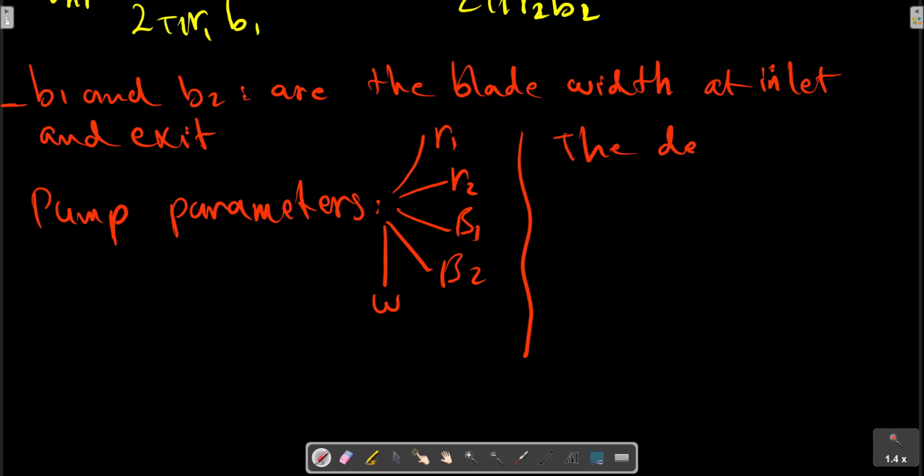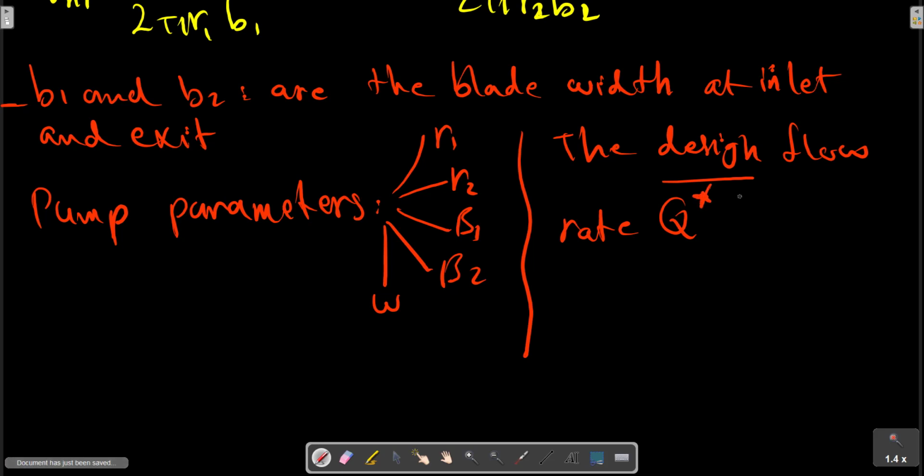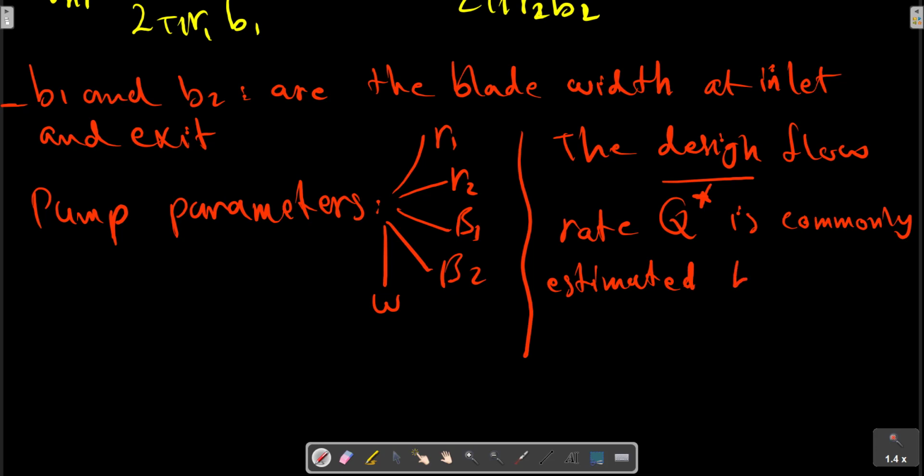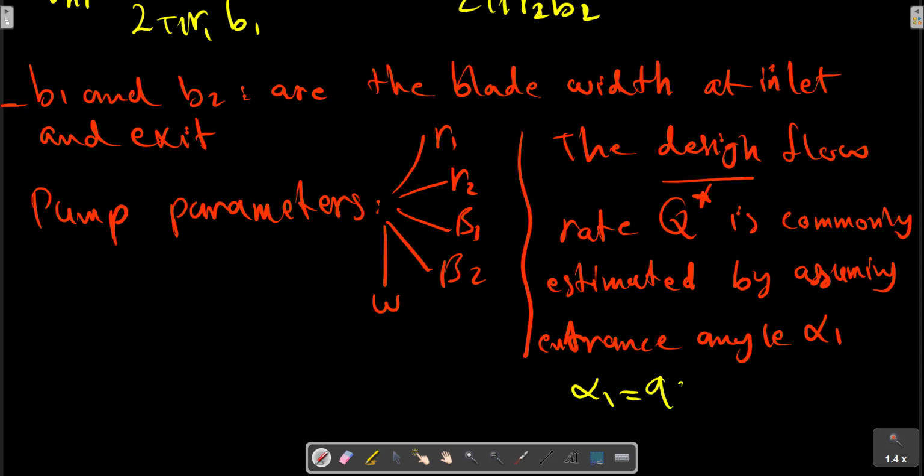The design flow rate Q star is commonly estimated by assuming entrance angle alpha 1 is 90 degrees and V1n equals V1.